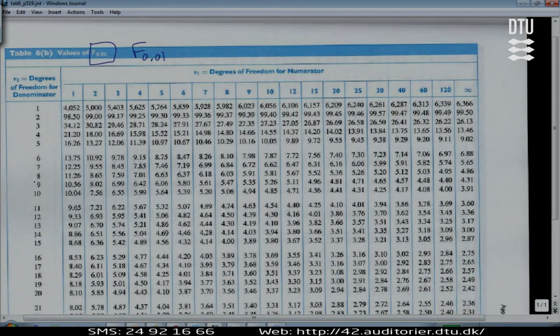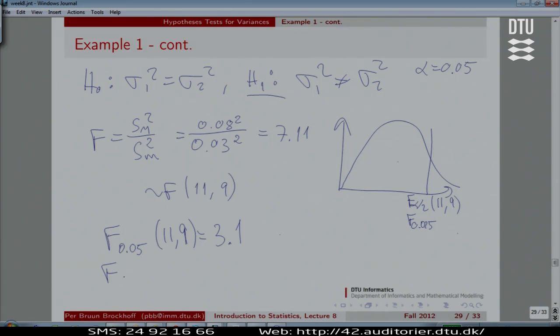So we go for the 9 again, we go for the 11 again, and the 1% point is, what's that, 37, that's, let's say 5.2 to one decimal point. So we do linear interpolation. So the 1% point in the 11.9 distribution was 5.2.